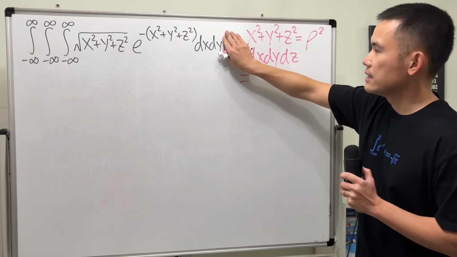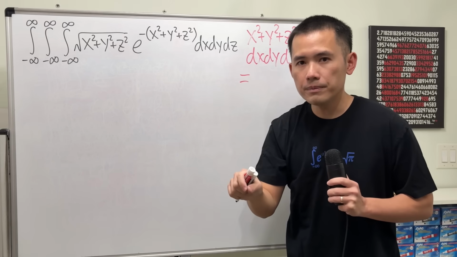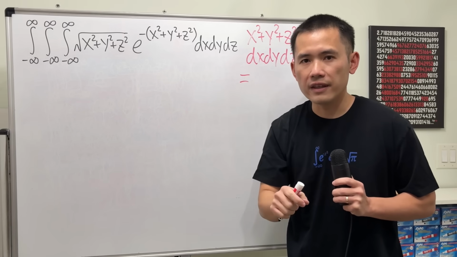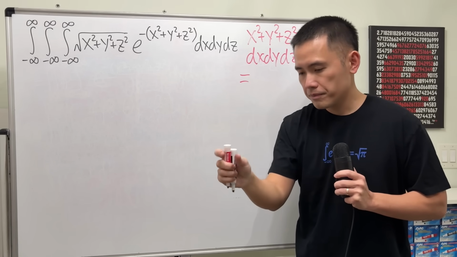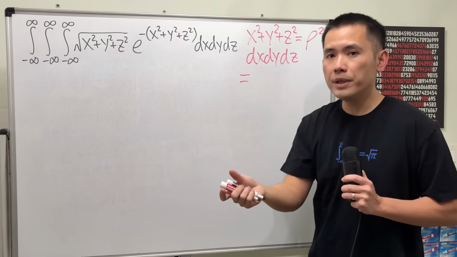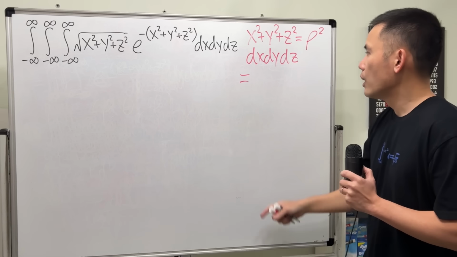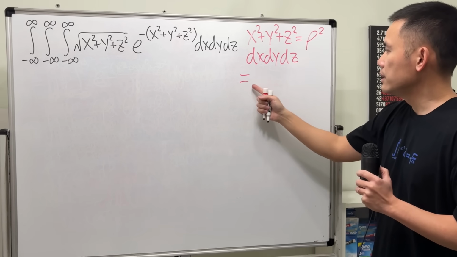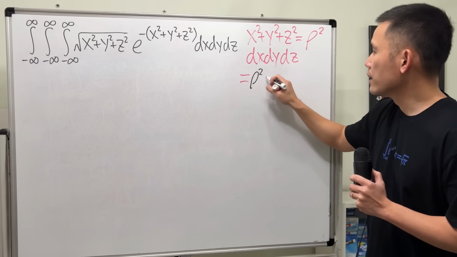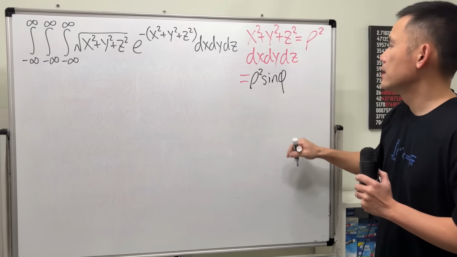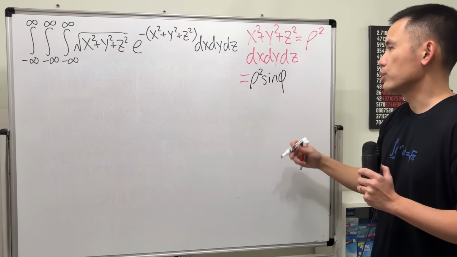Remember when we have dx, dy changed into polar, we need r, dr, d theta. The r can be derived from the Jacobian, or you can do geometry. Right here, we actually need rho squared times sine phi. And again, you can do Jacobian or do geometry.